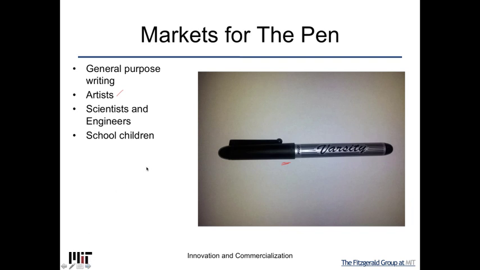Other markets, as you think of them below this general purpose writing market, are school children. Do they prefer a particular kind? We shouldn't be thinking this way yet, since we're just trying to list all the different market applications, but would school children really want a fountain pen?